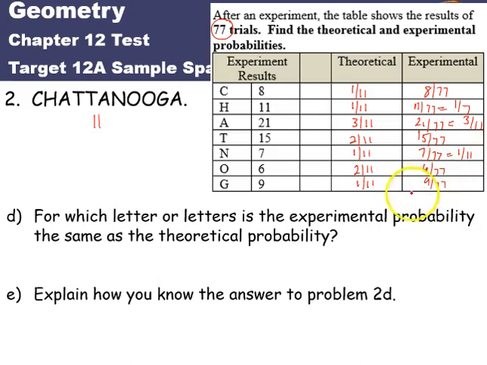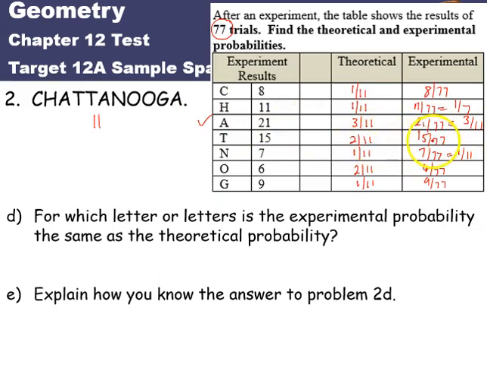Okay, so the question is, for which letter or letters is the experimental probability the same as the theoretical probability? So let's see when these are equal. This is 1/11 and that's 8/77. 1/11 and 1/7 not equal, but look right here. A, 3/11 and 3/11. So A is one choice. Let's see if there's any more.